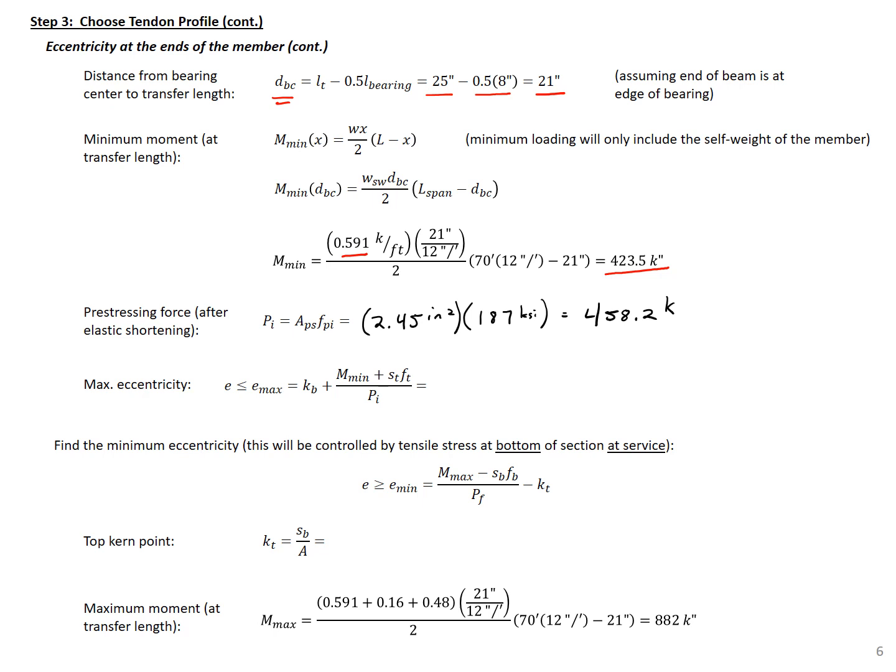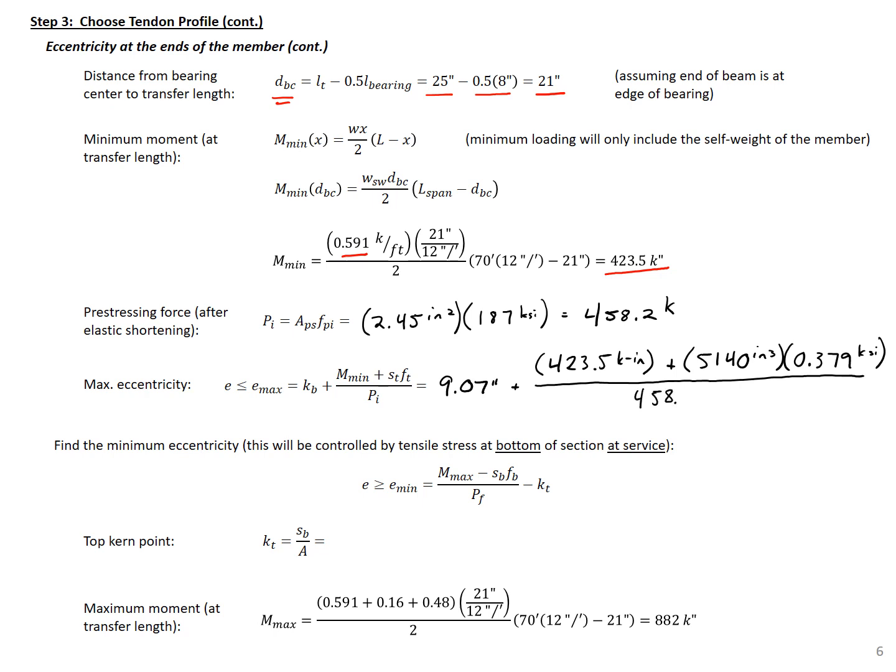We can then plug these values all into our expression here for our max eccentricity, and we'll get 9.07 plus our minimum moment, 423.5 kip-inches, plus our section modulus, 5,140 inches to the third, times our stress limit here, 0.379 KSI, and then all this divided by our initial prestressing force, 458.2 kips.